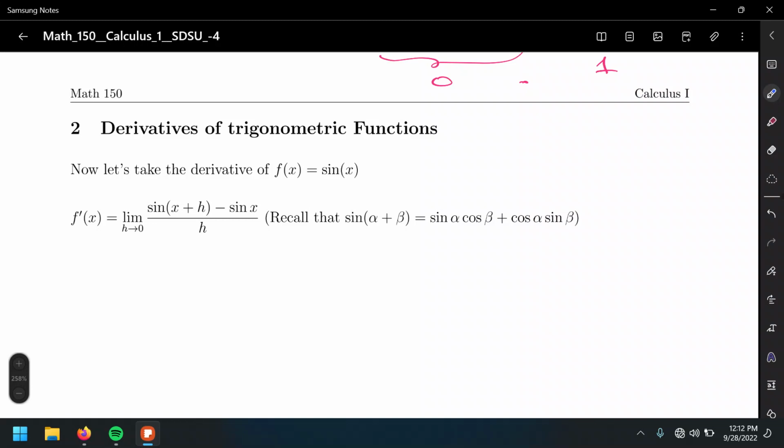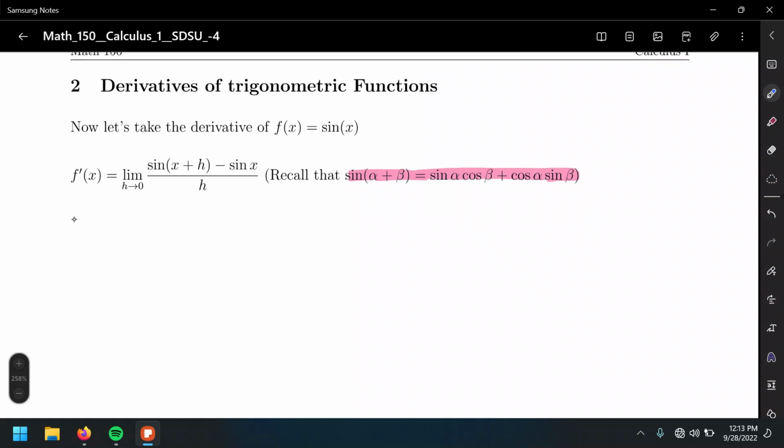So in this case, we're going to use a trigonometric identity, the addition of angle identity for sine. Sine alpha plus beta equals sine alpha cosine beta plus cosine alpha sine beta. So we will replace this identity over here. So that's f prime of x, limit of sine x plus h.